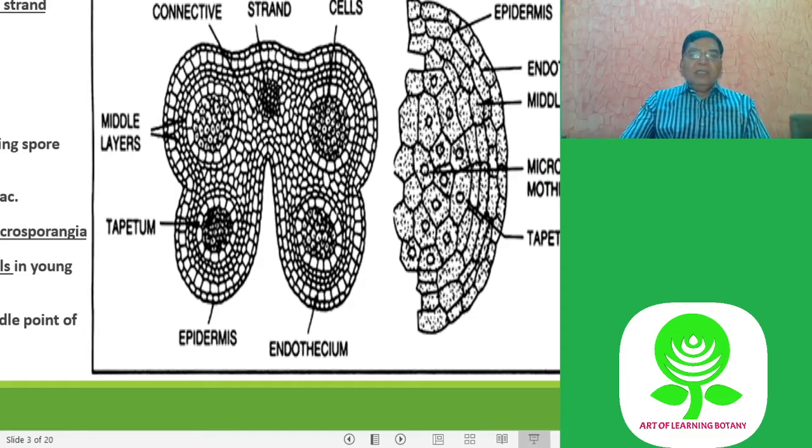Now, how does this microsporogenesis occur? It occurs from the sporogenous cells. Sporogenous cells are produced during the development of the anther. They are formed from the microsporangial initials. These cells are diploid.